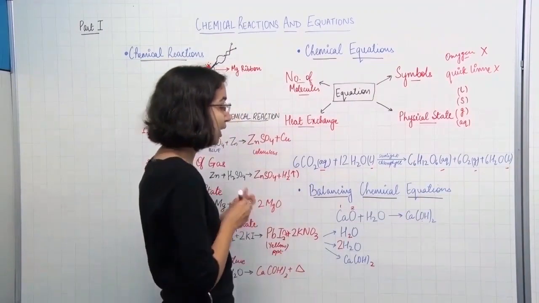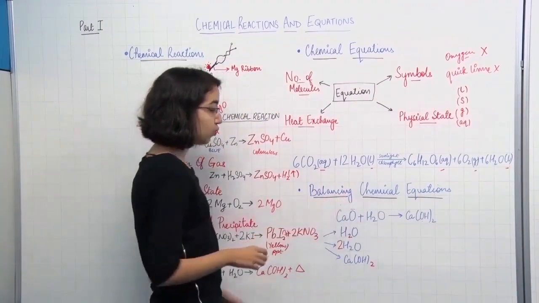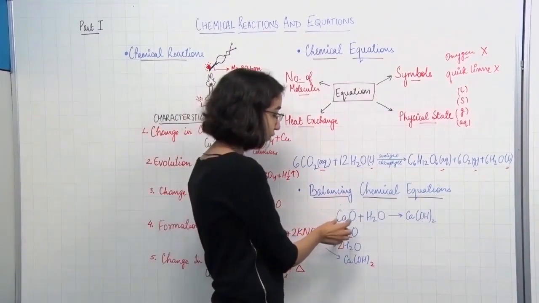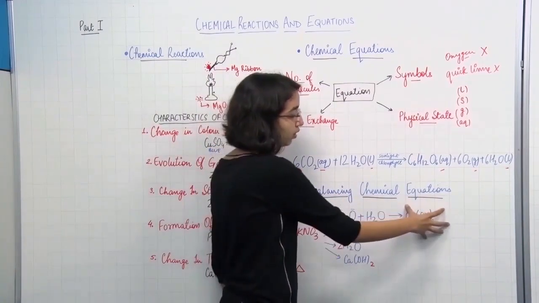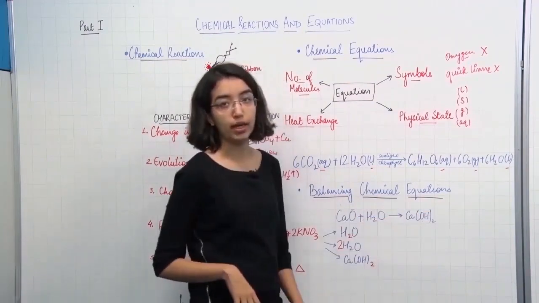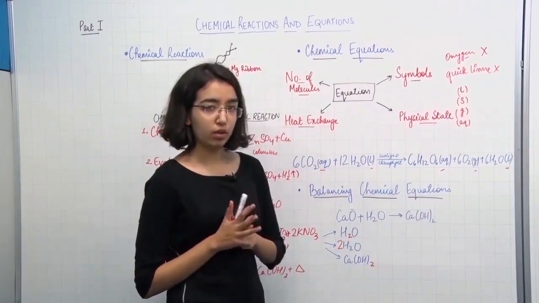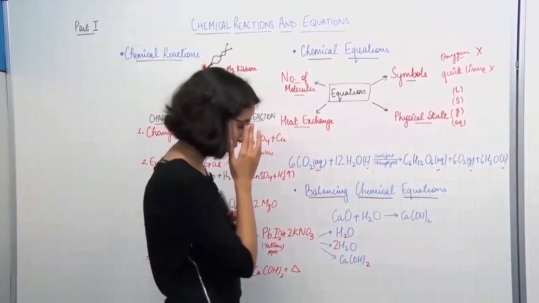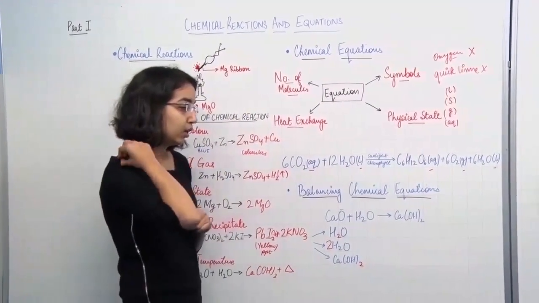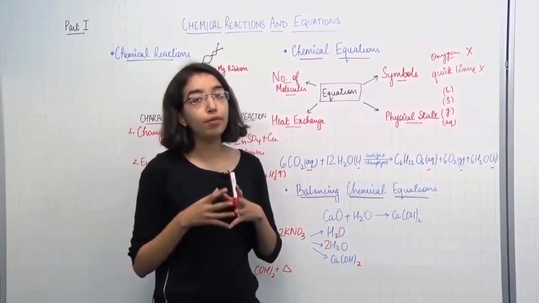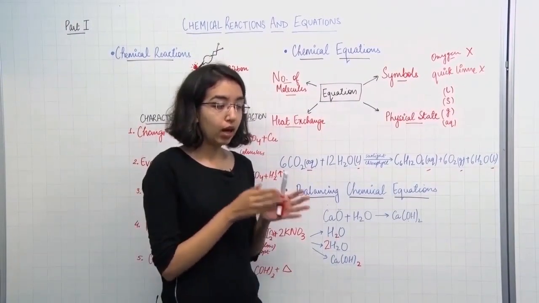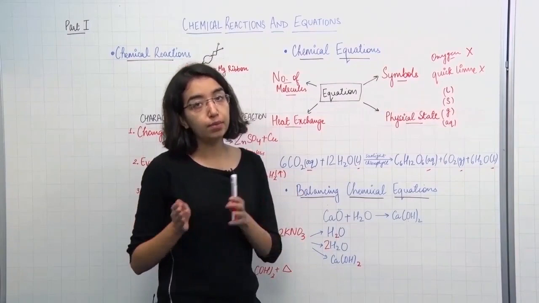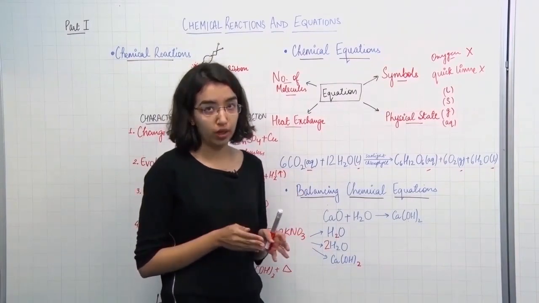So this is a balanced chemical equation, which means that the total number of atoms of each element on the reactant side is equal to the number on the product side. Now why do we need to do that? Why do we need to balance a chemical equation? We need to balance a chemical equation because the law of conservation of mass suggests that matter can neither be created nor destroyed.